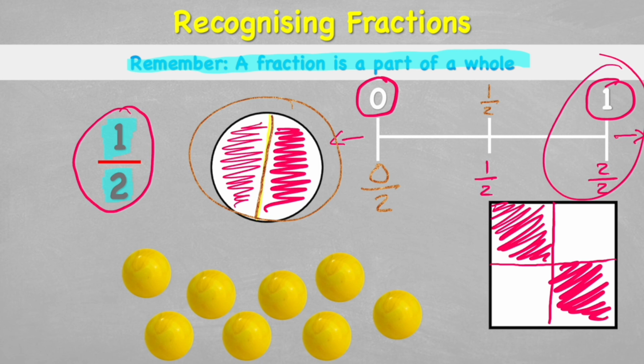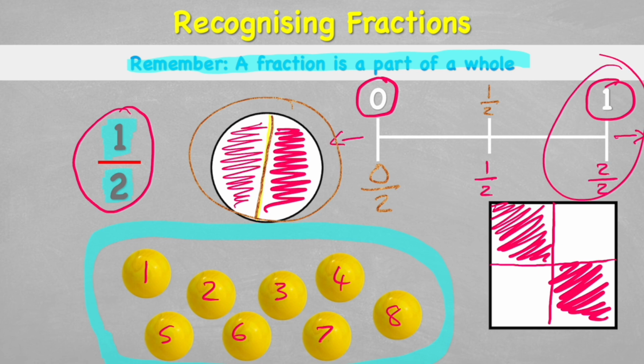Or our final way of looking at what half is, we can look at half of an amount. And in this case, we have an amount of marbles. We have 1, 2, 3, 4, 5, 6, 7, 8 marbles. We want to try and find half of them. So the way I want to think of it is, all of these marbles together is one group of marbles.